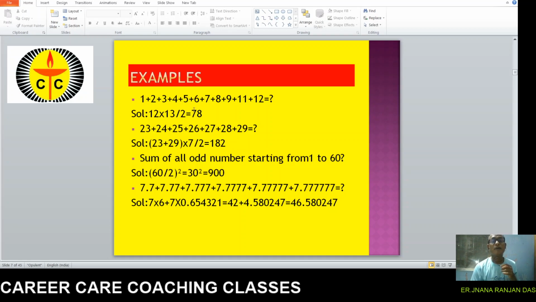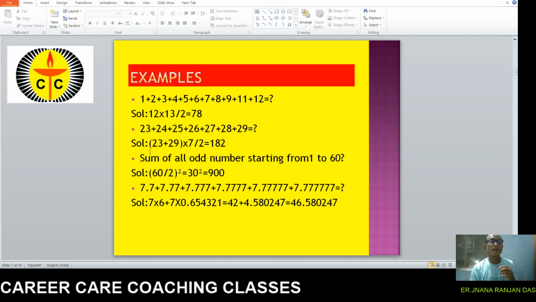If the numbers are not starting from 1 but from some other number, that is 23, 24, 25, 26, 27, 28, 29, then we add the first number and last number, 23 plus 29. The total number of numbers added is 1, 2, 3, 4, 5, 6, 7.